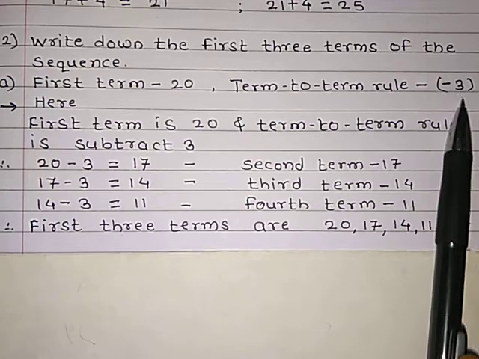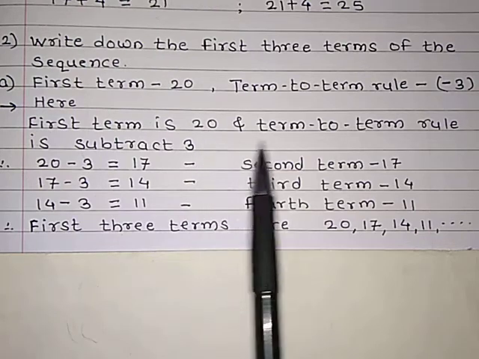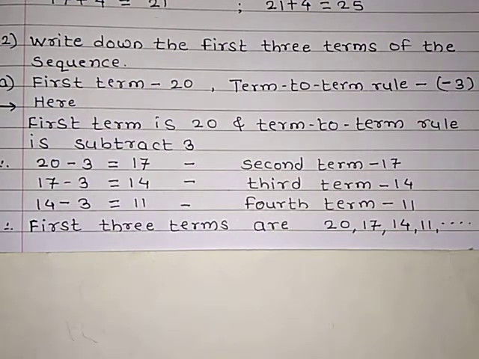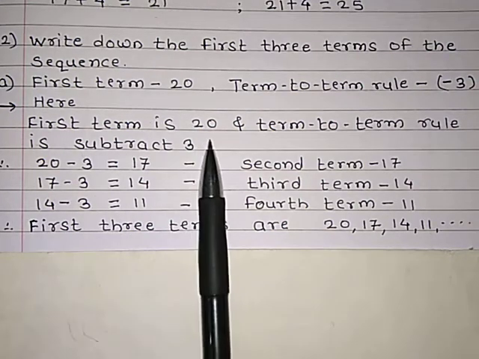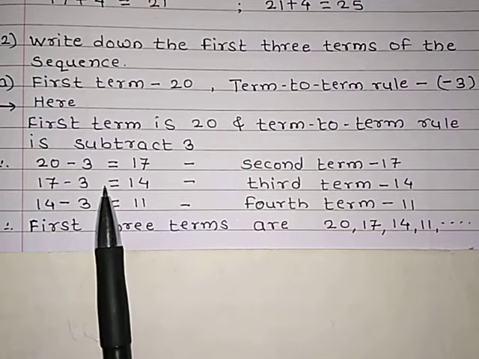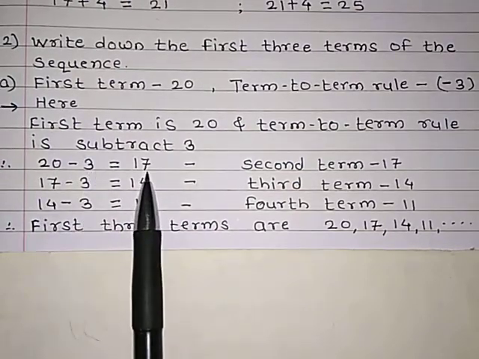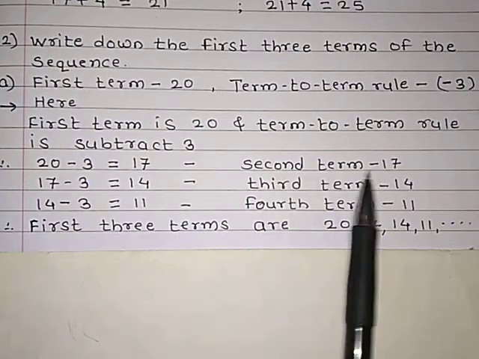So see here, the first term is 20 and the term to term rule is subtract 3. The first term is 20, and the second term is 20 minus 3, which equals 17. Therefore 17 is the second term.